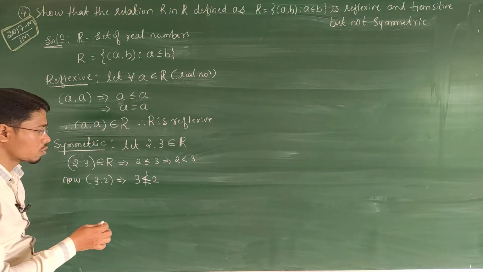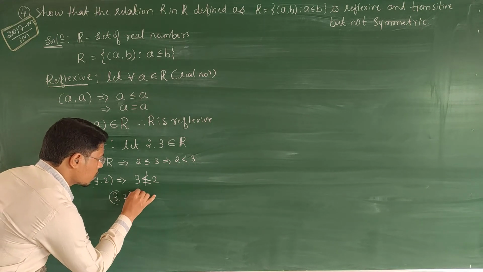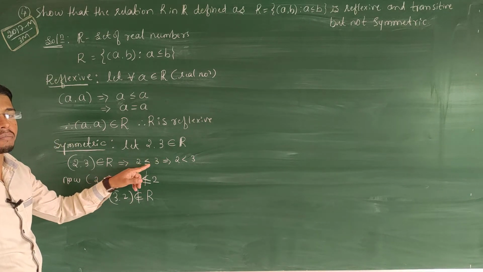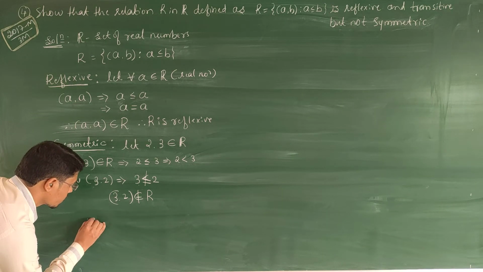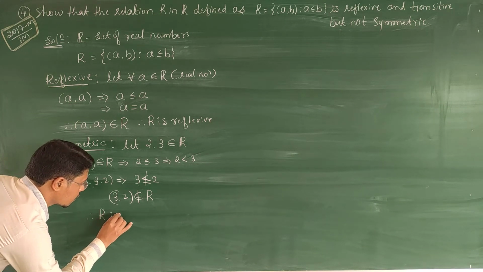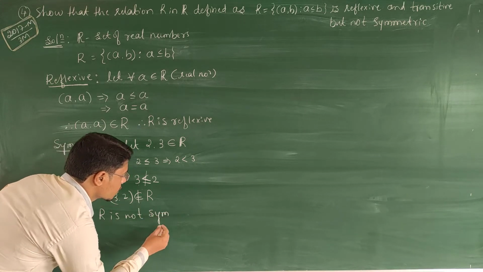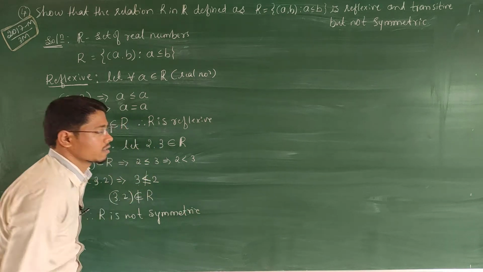Not less than or equal to 2 means (3, 2) doesn't belong to R. (2, 3) belongs to R, but (3, 2) doesn't belong to R. It means R is not a symmetric relation. R is not a symmetric relation, right?